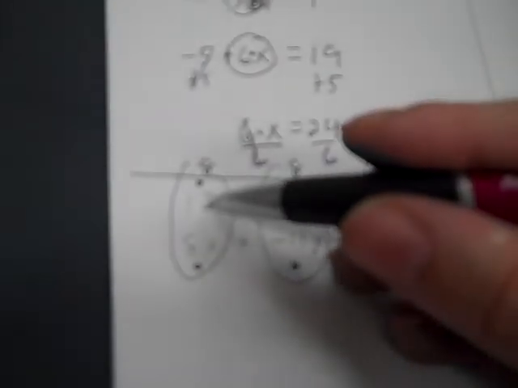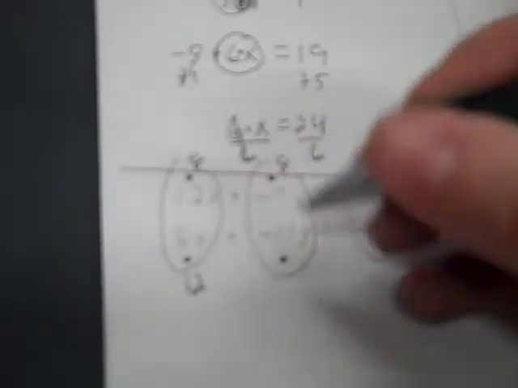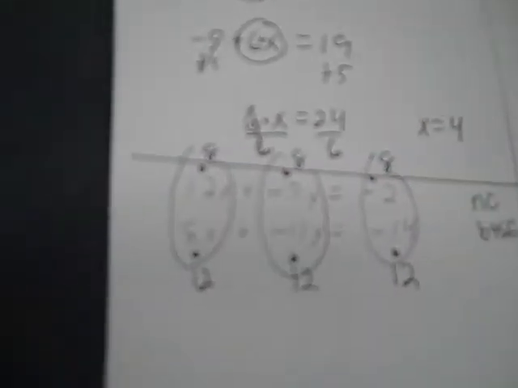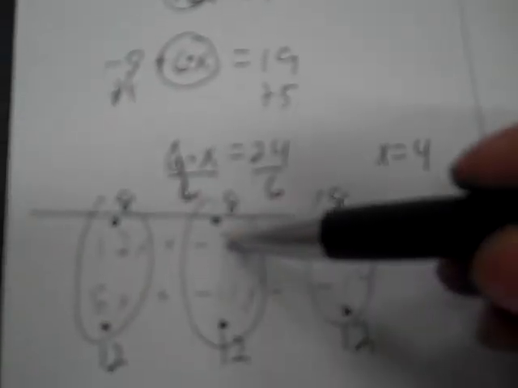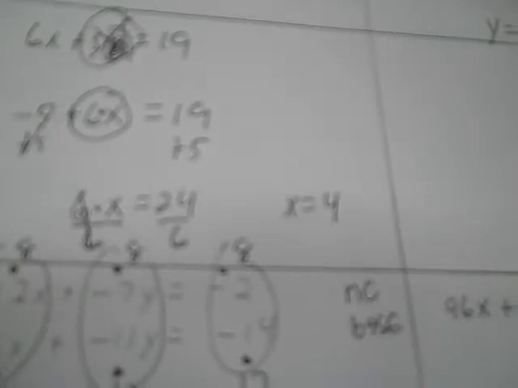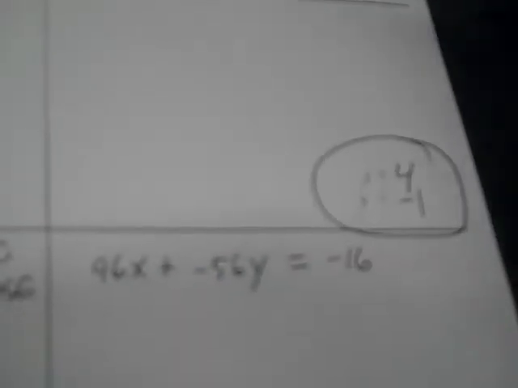Now what's the leading number on the top row? 12, 12, 12, and 12. So 12 times 8 is 96 with x. Negative 7 times 8 is negative 56 with a y. And negative 2 times 8 is negative 16.